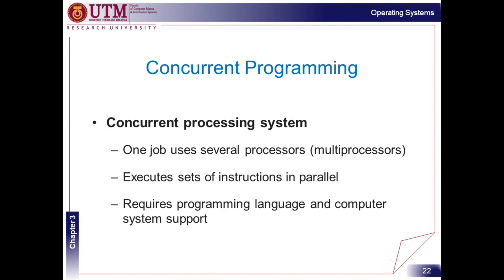There are different models and techniques for concurrent programming, such as shared memory, message passing, functional programming, and the actor model. Each model has its own benefits and drawbacks, depending on the problem domain and the system architecture.